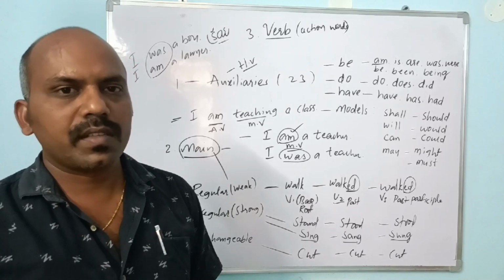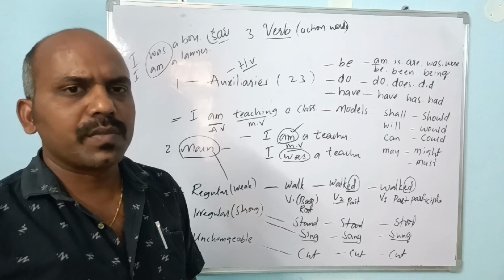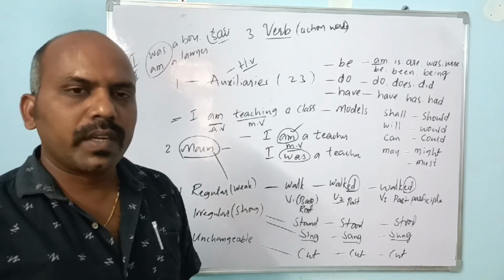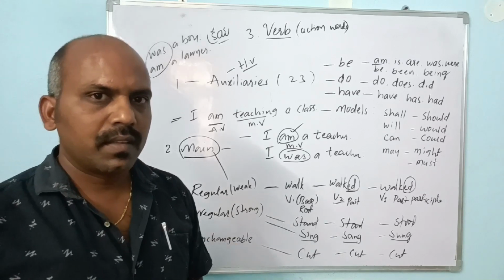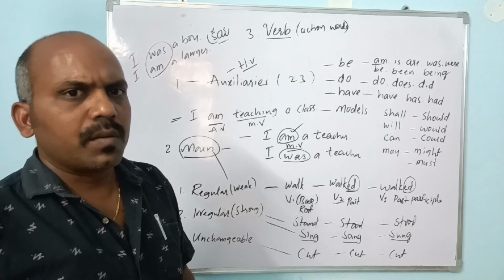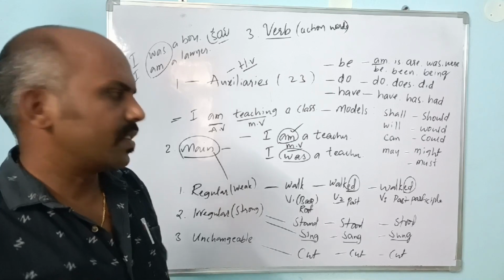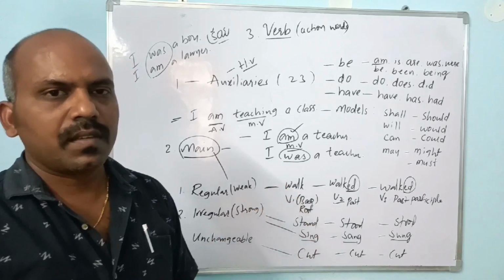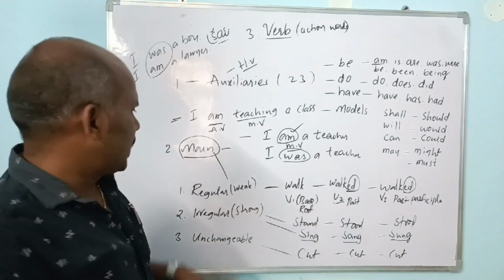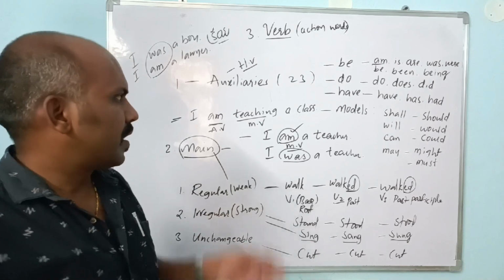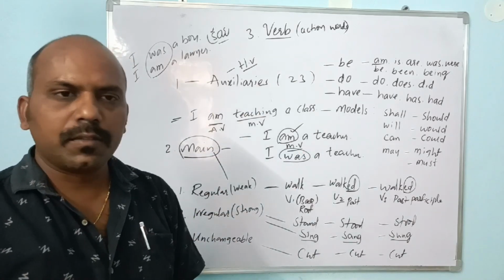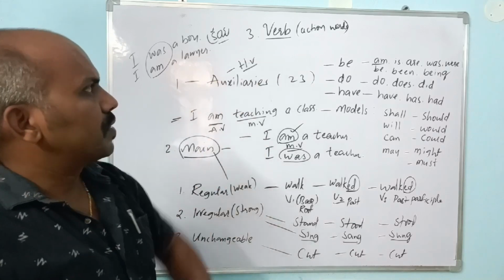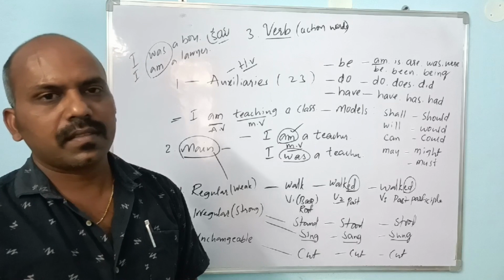In their present form, past form, and past participle, all the forms are the same, and they are called unchangeable. Verbs whose three forms are quite different are called irregular, and those whose V2 and V3 are the same by adding D or ED are called regular forms. So these are about main verbs, and those are about auxiliary verbs. These are the types of verbs, one of the parts of speech.